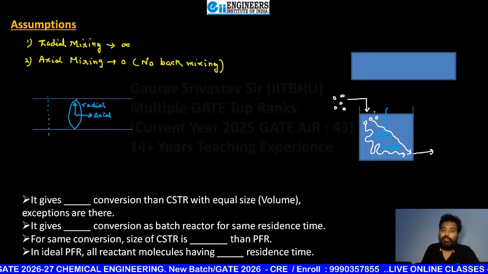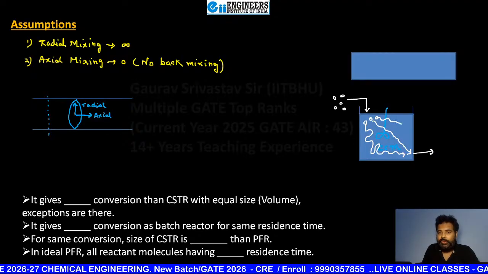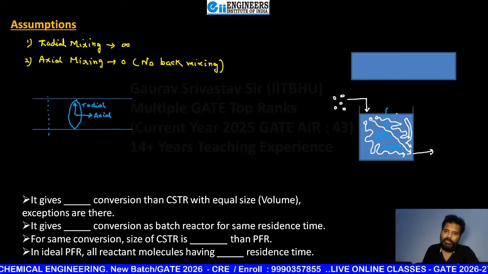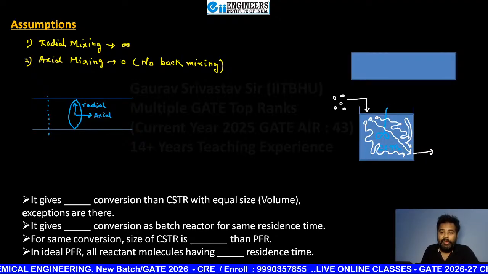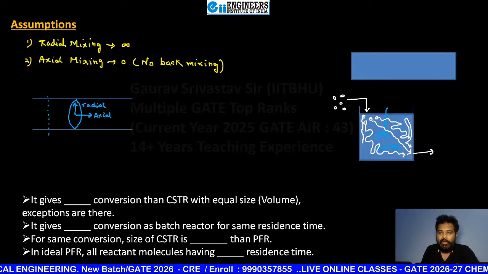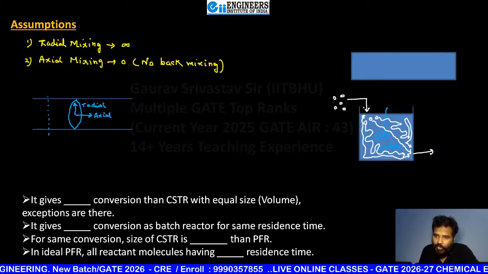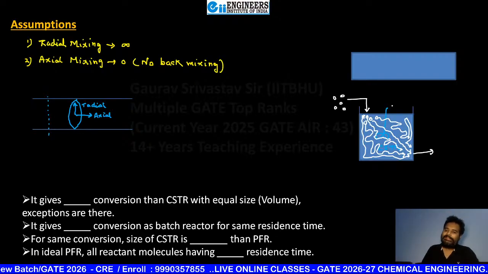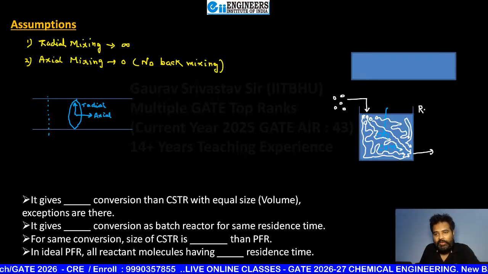Another molecule may enter from this position and go like this, like this, like this, and after traveling this much path, it exits. Another does the same and passes. And the other one, here and now here, zigzag, now passes.